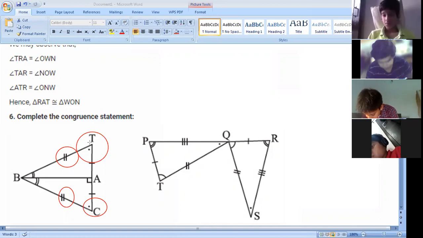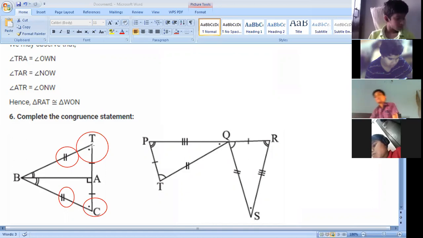See the diagram carefully, Vyan. Other things are also equal. Just check it carefully.